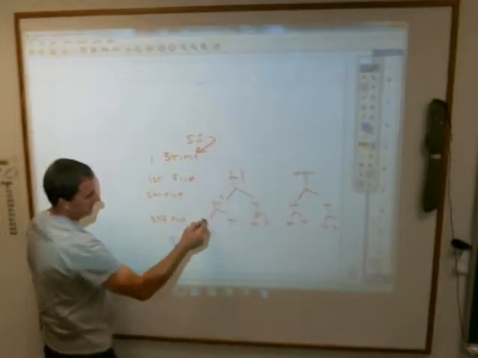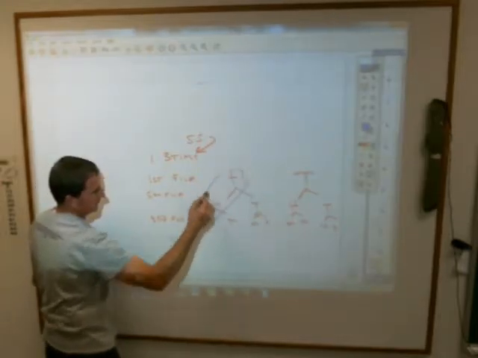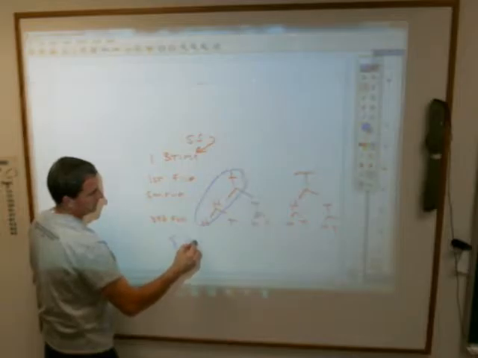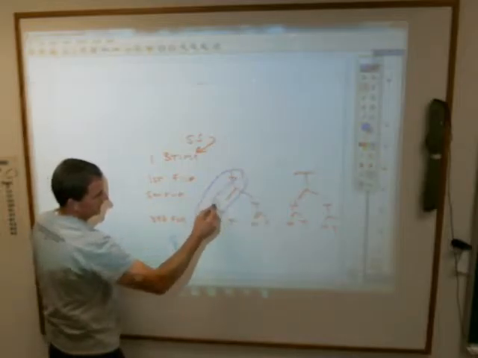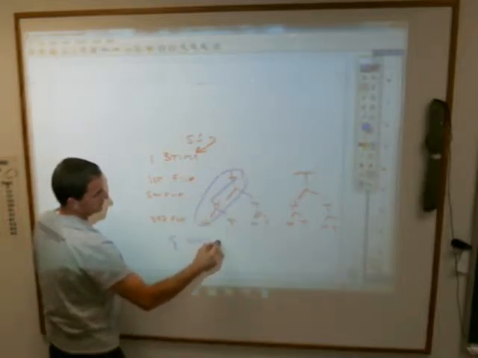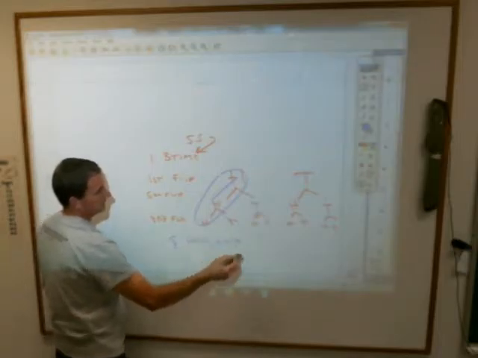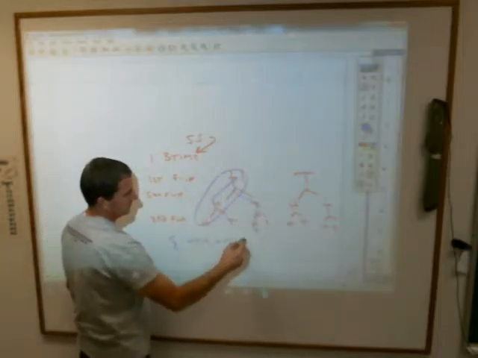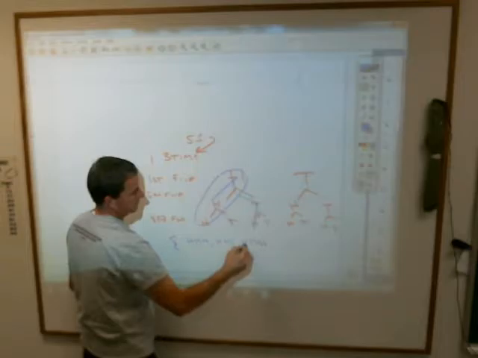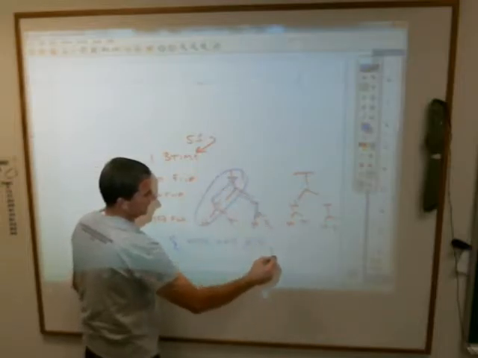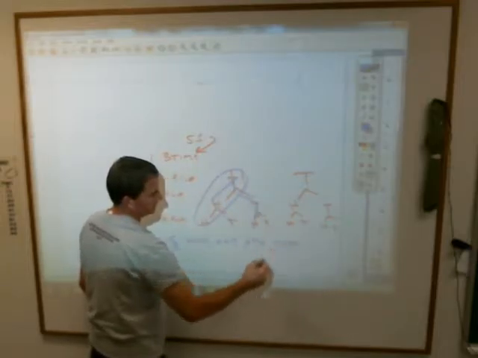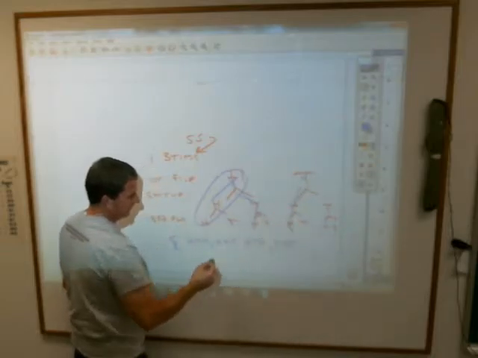You get head, head, head, this group right here. You get head, head, tail. You get head, tail, head. You get tail, tail, tail. You get tail, head, head.